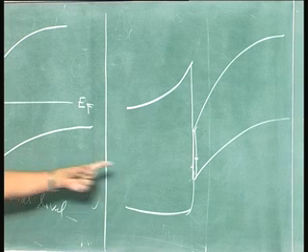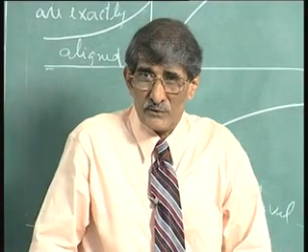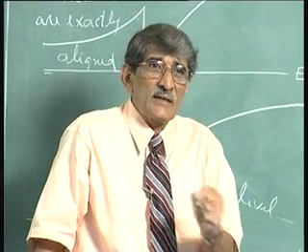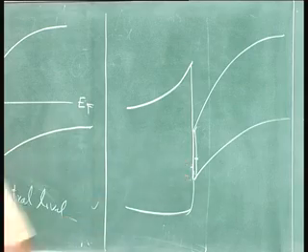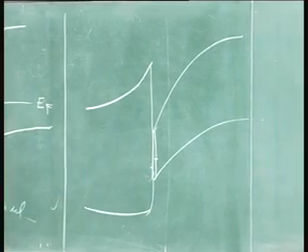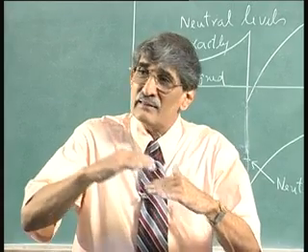So, the discontinuity in the band takes place such that the charge at the interface on either side is minimum. In the sense, charge difference is minimum, or net charge on either side. Okay. If there is a charge difference, one becomes plus, one becomes minus, that is minimized. So, aligned to each other.